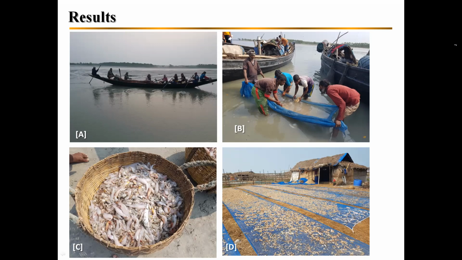Figure C shows the total catch of different species: the crab, the shrimp, and the small or medium-sized fish. And figure D shows the drying area. Most of the fish are dried here, and this dried fish has a huge commercial value all over the country.